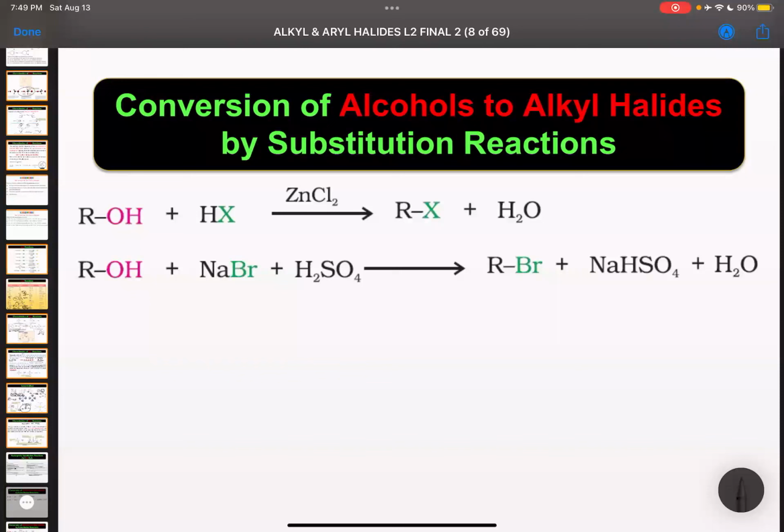In alkyl halides, because I can prepare alkyl halide from alcohols by this reaction, and the same reaction you will find in the alcohol chapter also, because alcohol can react with HX, HCl, HBr, HI and give alkyl halide. This is a very famous reaction which is also applied to test the type of alcohol. So this is going to be an SN1 reaction. This is the catalyst.